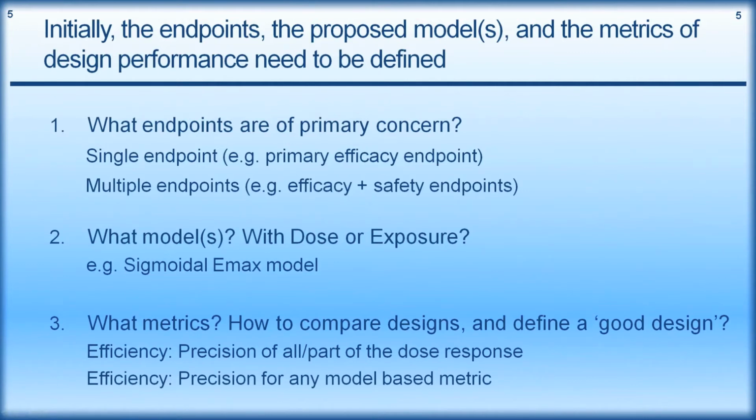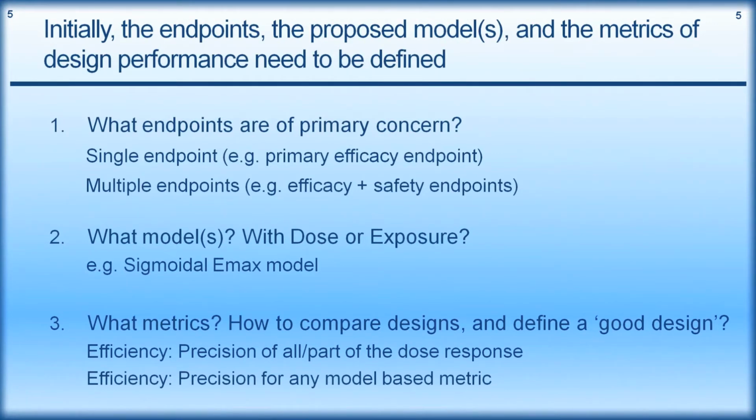And we're going to be interested in the design performance across all of those endpoints. Secondly, we can think about what model we're going to be looking at. If we're using dose or exposure, so the pharmacokinetic information with exposure, or just using dose. Today I'm just going to focus on using dose with the sigmoidal Emax model.